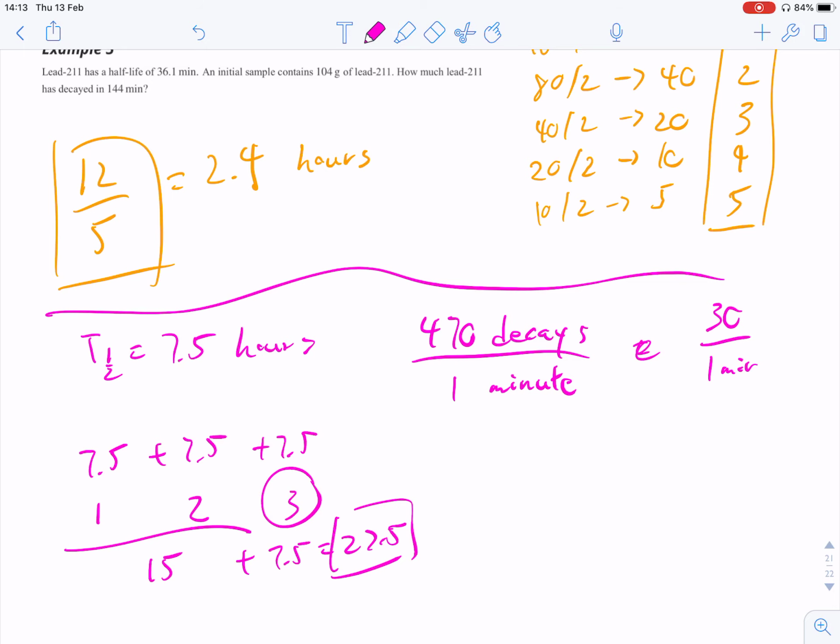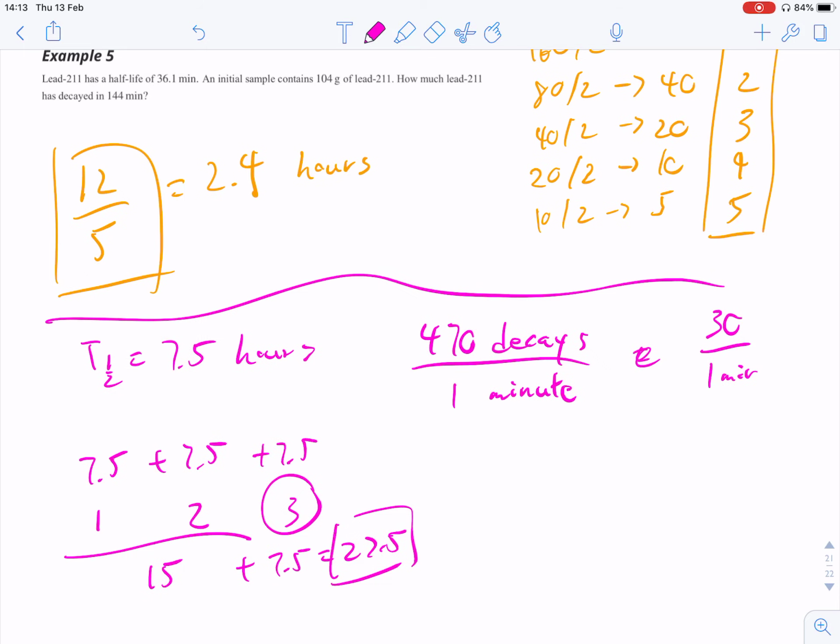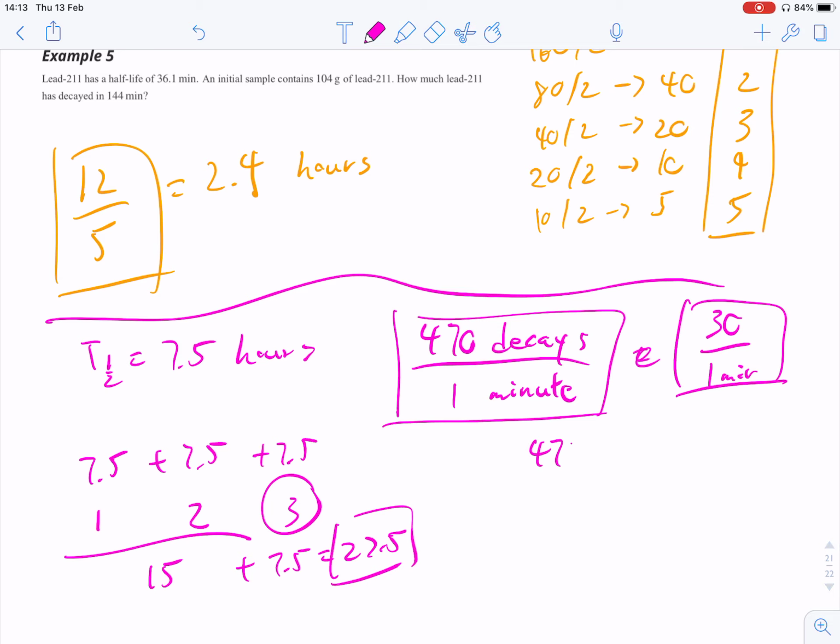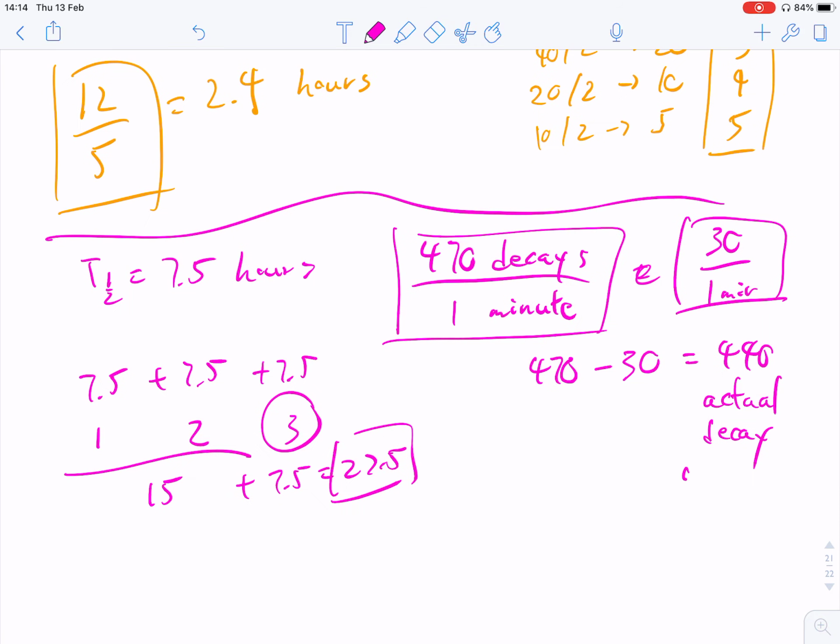And so what's going to happen is, if the initial reading was this with background radiation, then without background radiation it would be 470 decays per minute minus 30, so 440. This is the actual decay without the background noise.